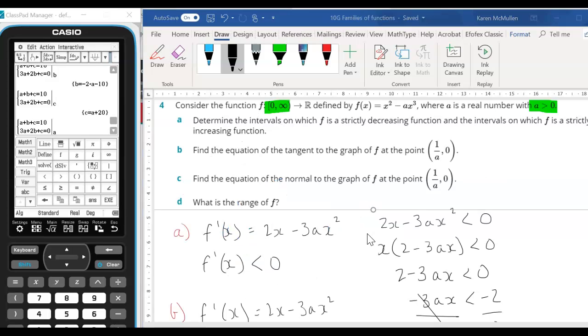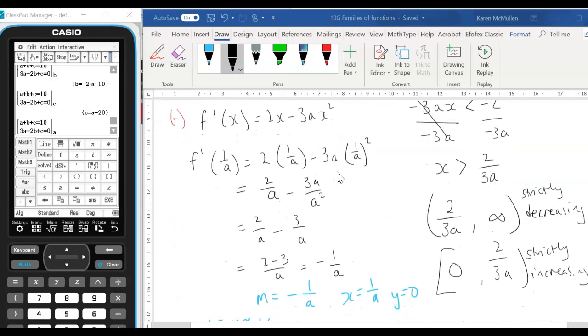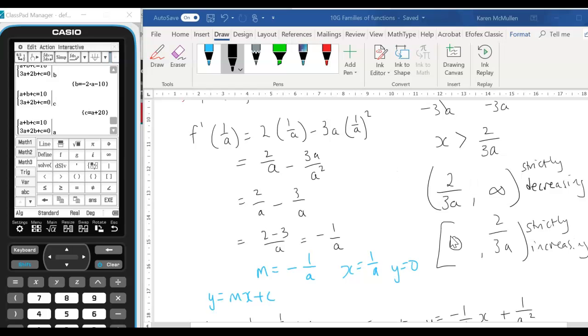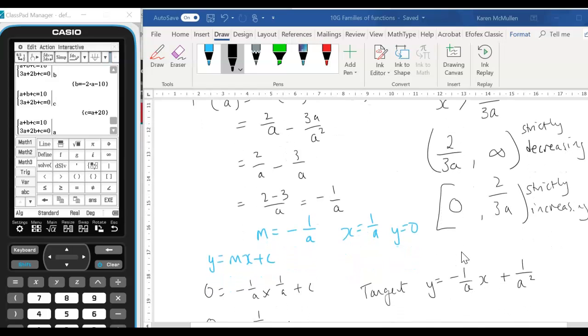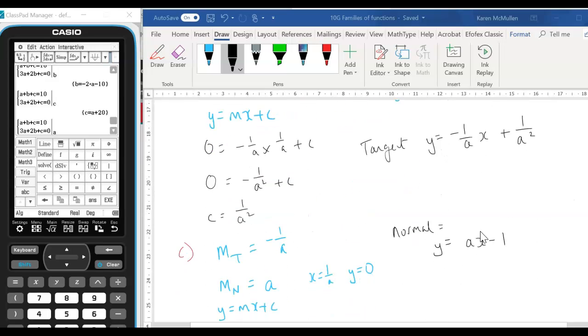All right, question D, we're doing the range of f. So we've got here a cubic, and it's got a defined domain. We looked before at when it was strictly increasing and strictly decreasing. So we know that up until the point 2 on 3a, from 0 to 2 on 3a, it's strictly increasing, and after that it's decreasing.